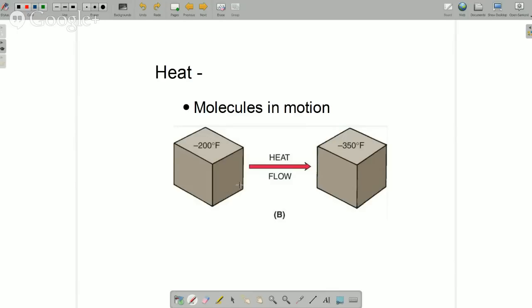So if we put these two blocks next to each other, the minus 200 degree Fahrenheit block of material and matter has more molecules in motion than the minus 350 degree Fahrenheit block, and that heat will flow from the substance that has more heat to the substance that has less heat. All right, so heat flow goes from a substance with more heat to a substance with less heat. Remember, heat is molecules in motion.